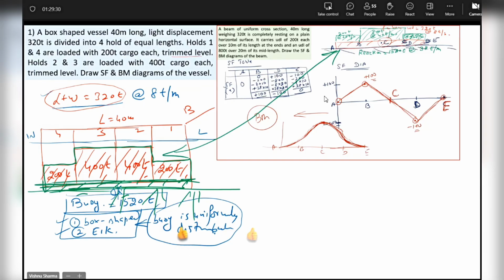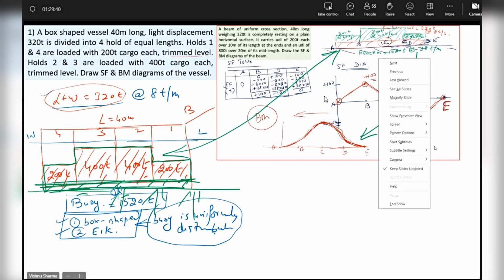So, if it can be represented by that beam, and the beam SF diagram was this, and BM diagram was this, what does it mean? It means that for my vessel also, the SF diagram will be the same as that for the beam.